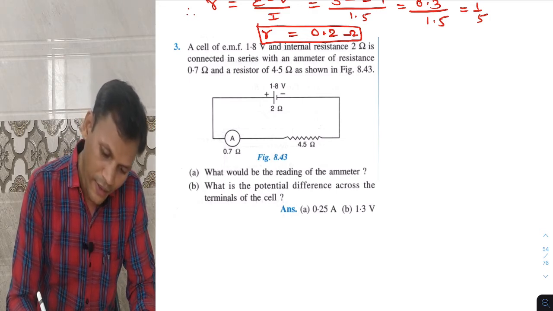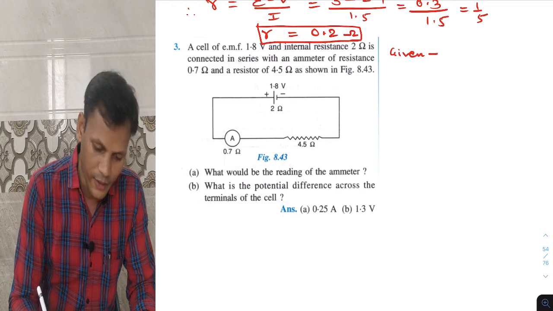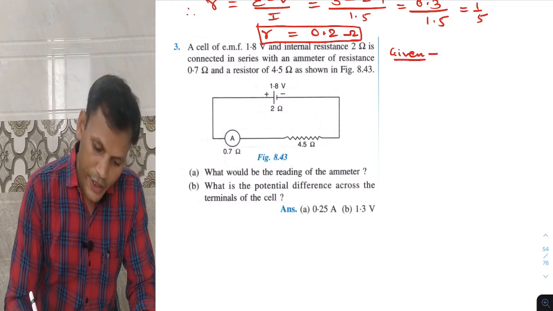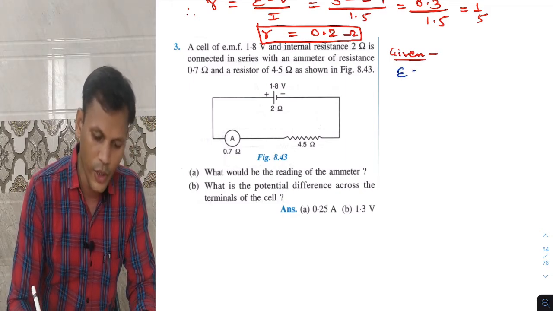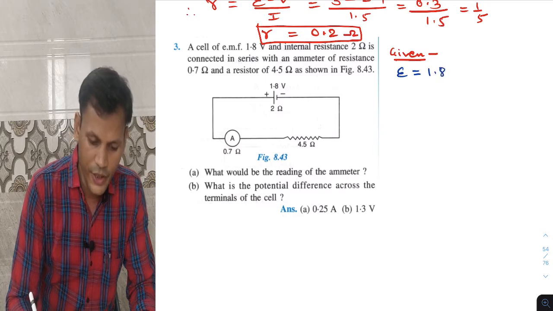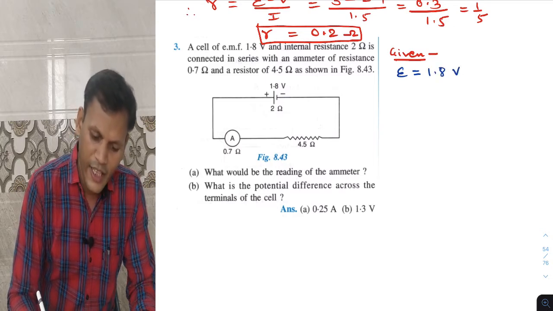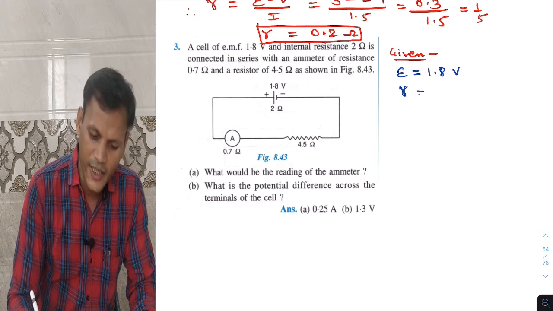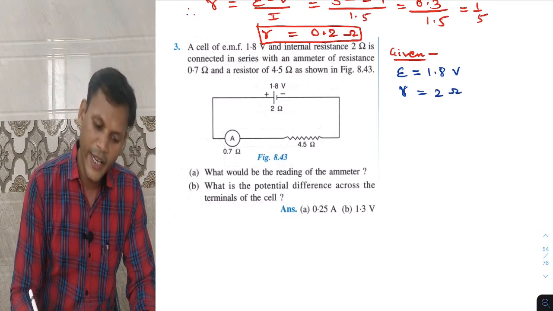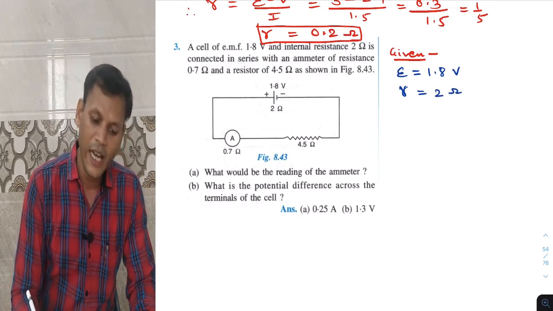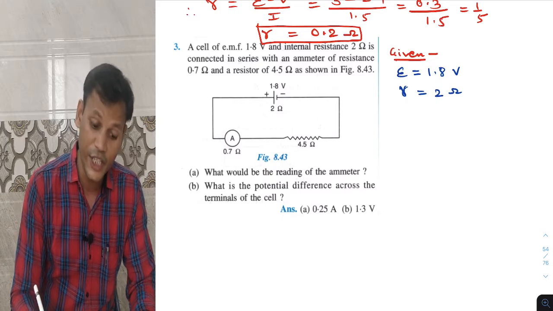What is given to us? Just we can write the given part. EMF E is equal to 1.8 volt. Internal resistance small r is 2 ohm, connected in series with an ammeter of resistance.